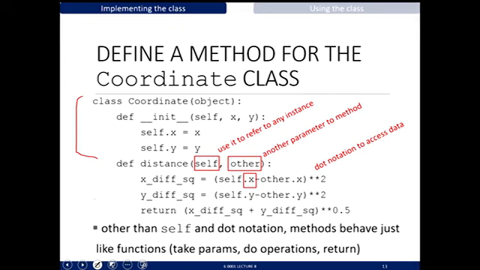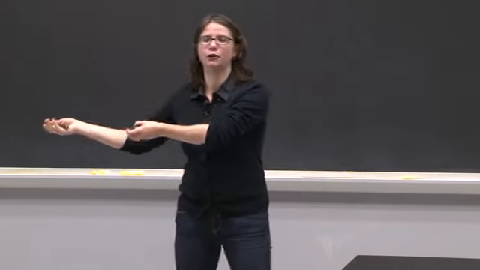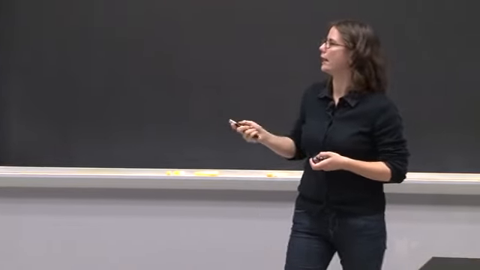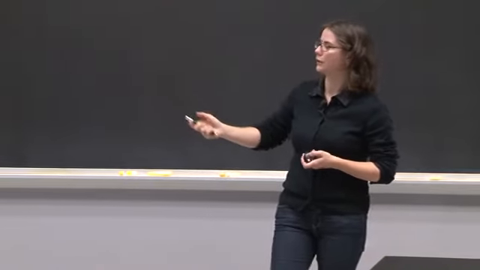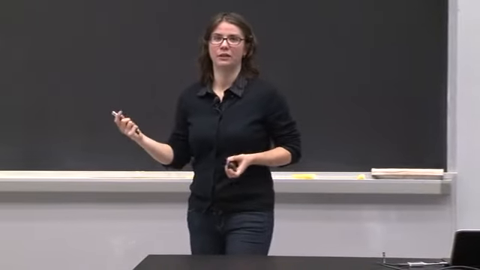As we're thinking about classes, you always have to refer to whose data attribute you want to access. In this case, I want to access the x data attribute of myself, and I want to subtract the x data attribute of this other coordinate, square that, same for y, square that, and then add those and take the square root of that. Notice this method is pretty much like a function, right?